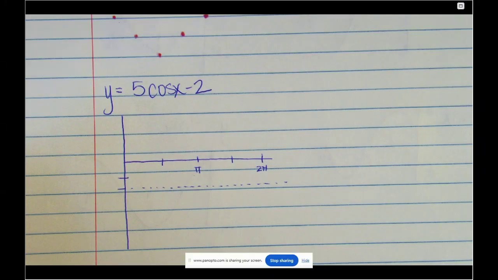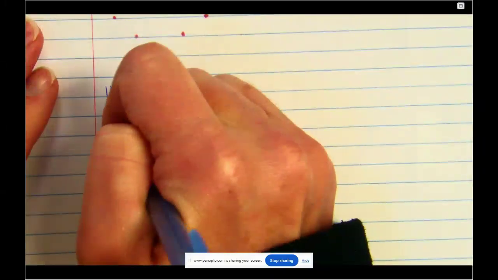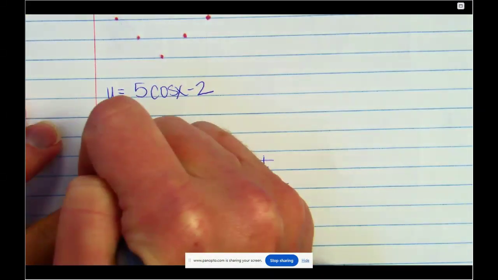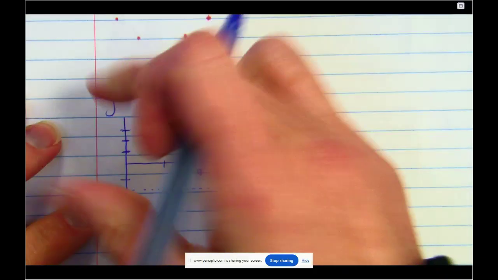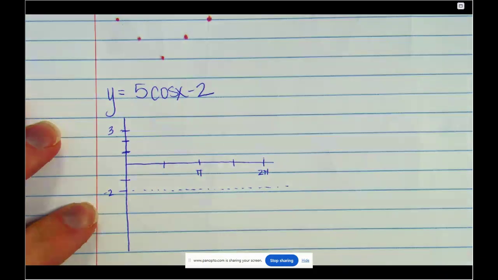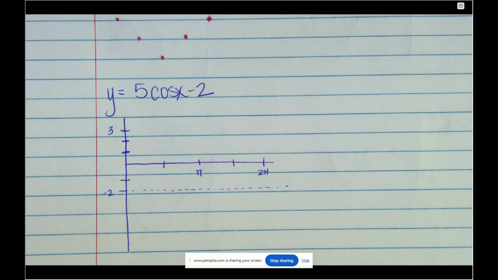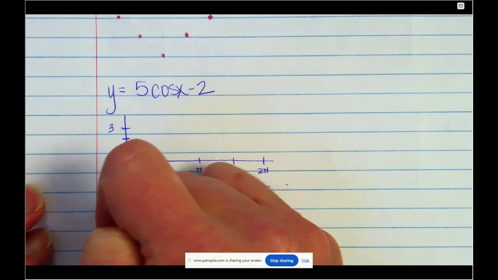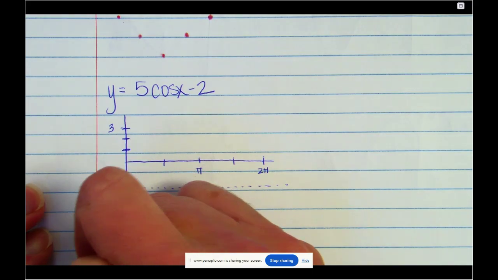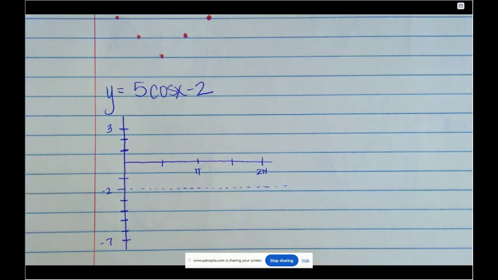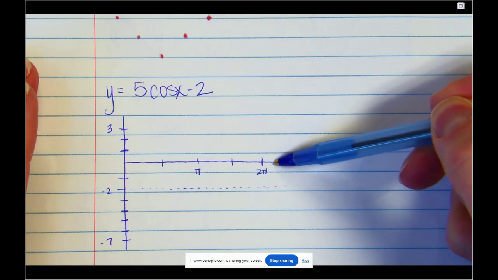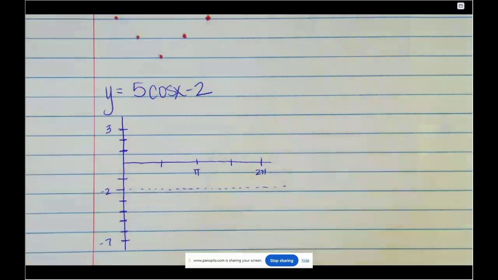So what will be the highest this gets to? Positive 3, because you're starting at -2. You've got to have the space of 5 in there. What's the lowest it gets? -7. Now this is here only for its labels, but it needs to stay there because we have x-axes on our graphs.